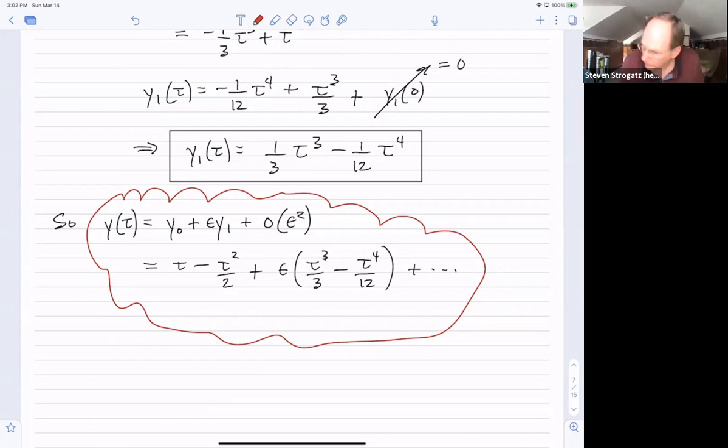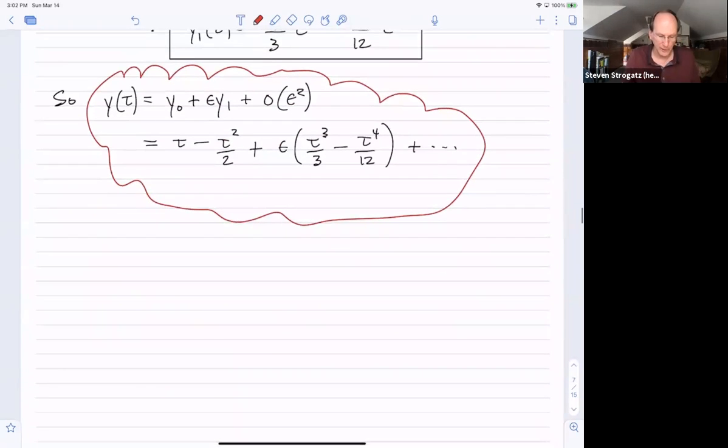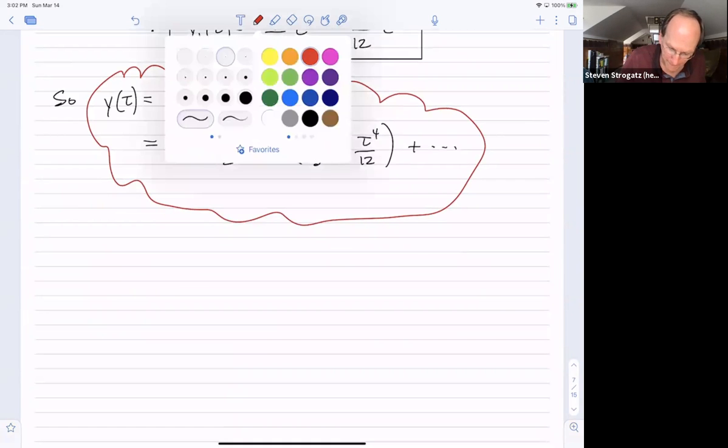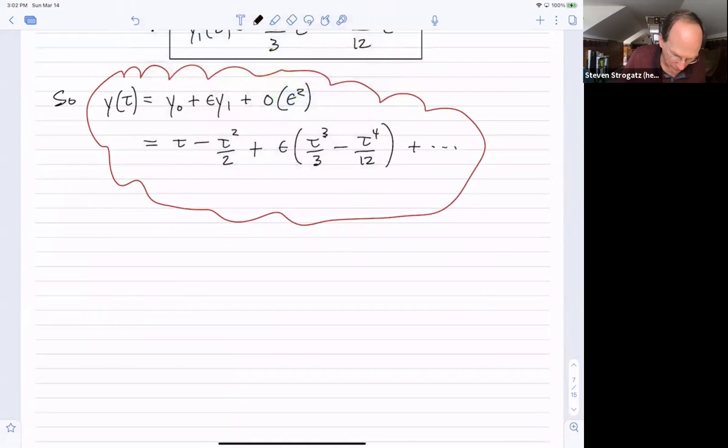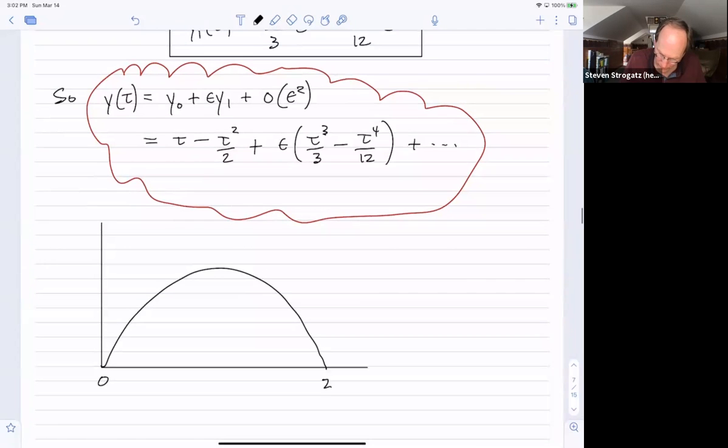So to see that, let's sketch what we've got going on here. As a function of tau, I would expect the original, the 0th order behavior we saw, as just a parabola like that. In these dimensionless units, it's going to hit at time tau equals 2.